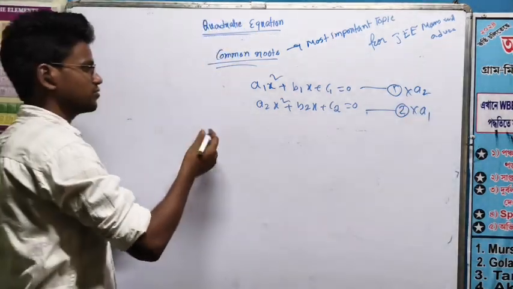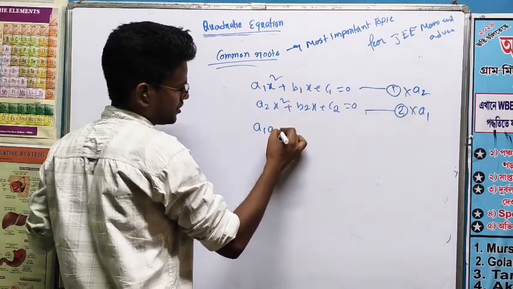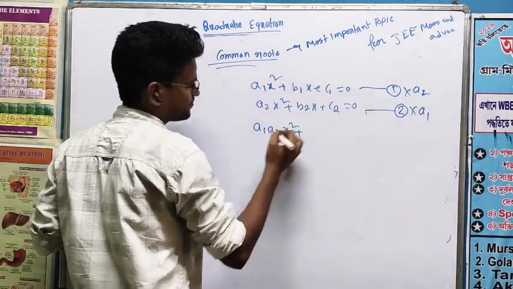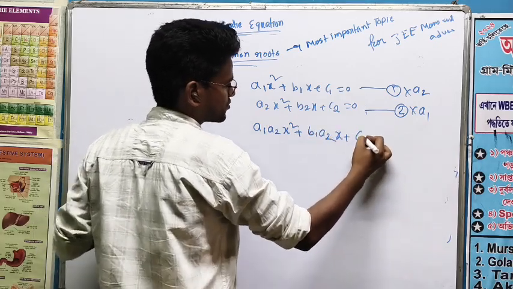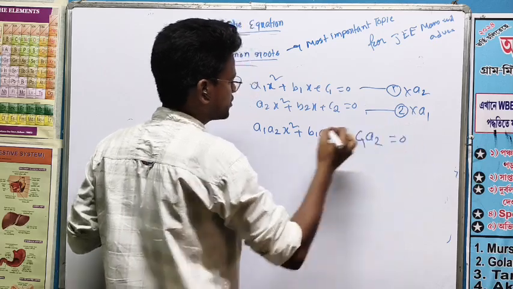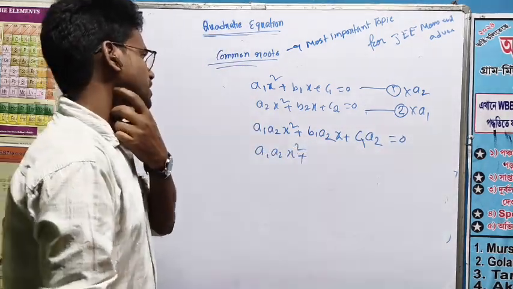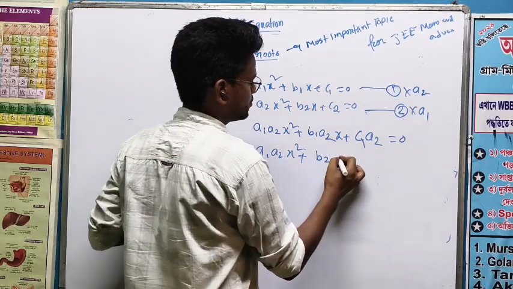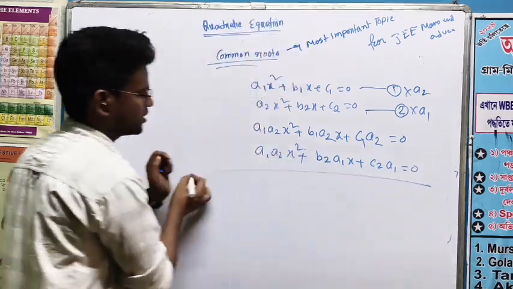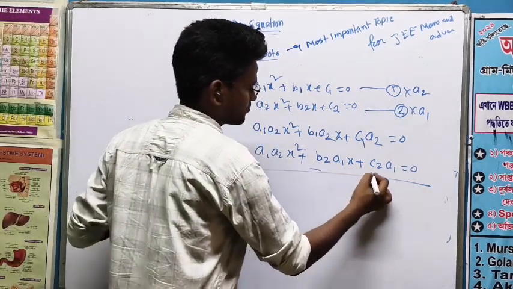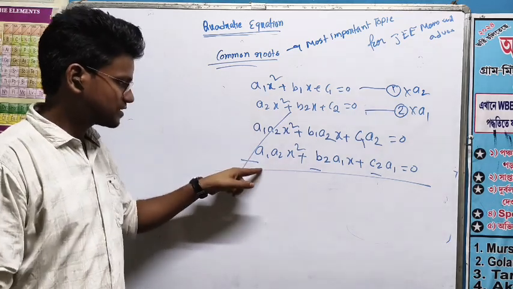Then we get a1 a2 x square plus b1 a2 x plus c1 a2 is equal to 0, and a1 a2 x square plus b2 a1 x plus c2 a1 is equal to 0. Then subtract, minus minus. The x square terms cancel out because they are similar terms.